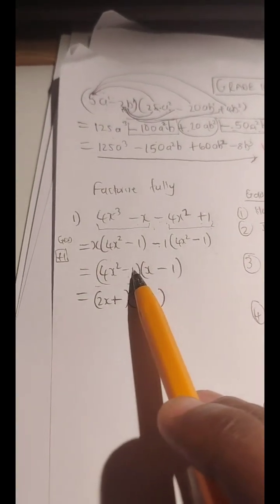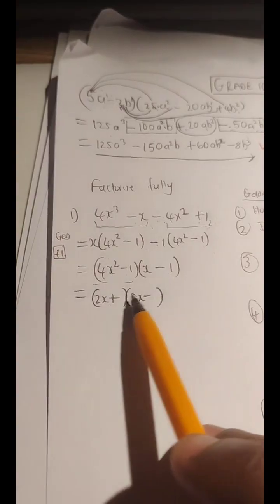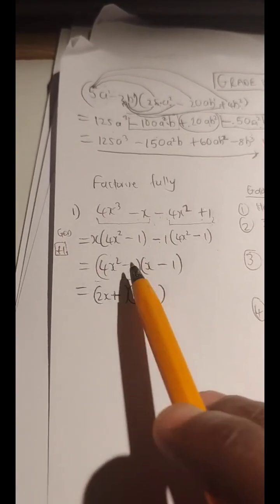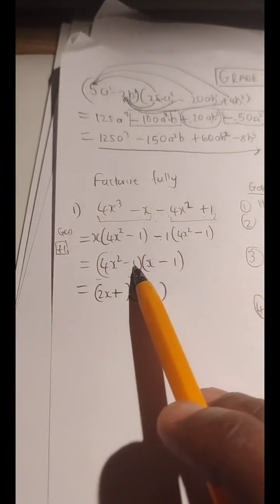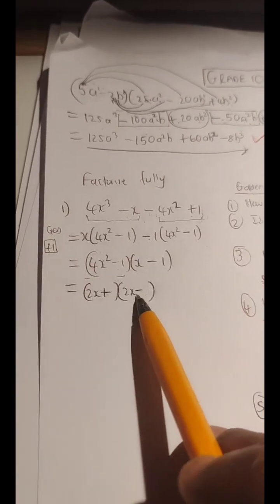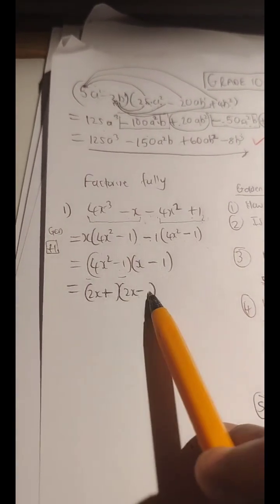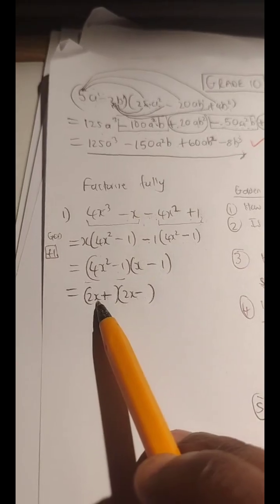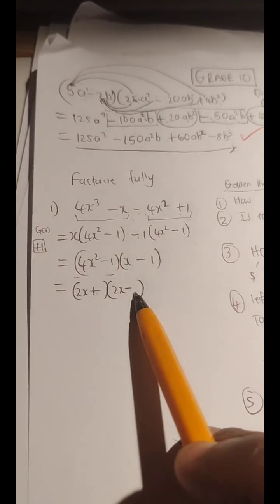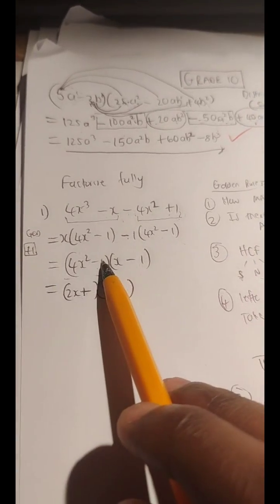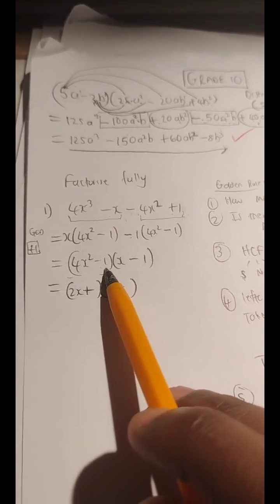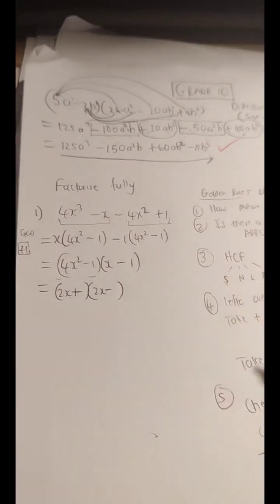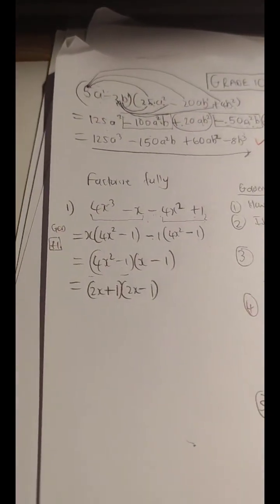Difference for your last term means different signs inside the bracket. So the first bracket we write a positive, the last bracket we write a negative. Then we take the square root of 1. The square root of 1 is equal to 1. So we're going to have 1 and 1 there.